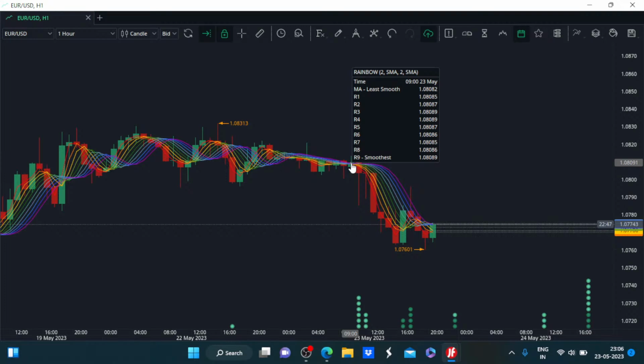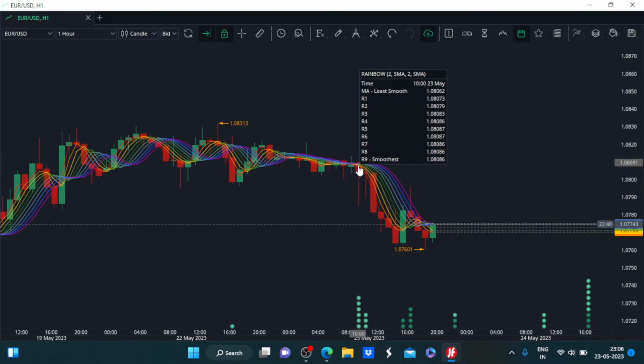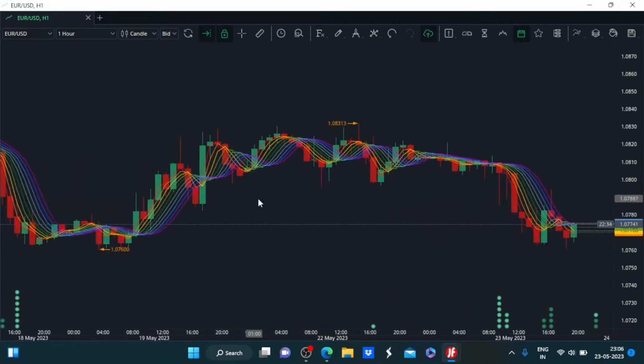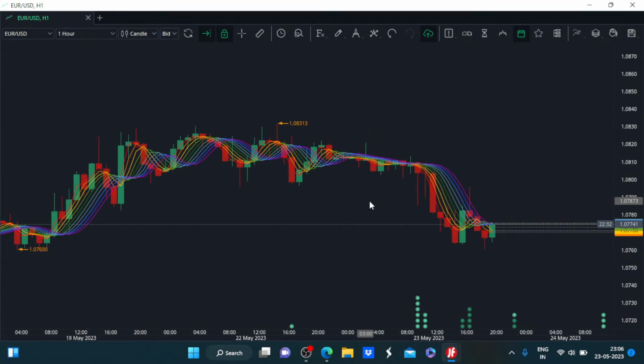Whenever there is this gradual increasing of the width between these different moving averages, we should think about getting involved for a new trade. So that's how this indicator will help you in figuring out the opportunities.